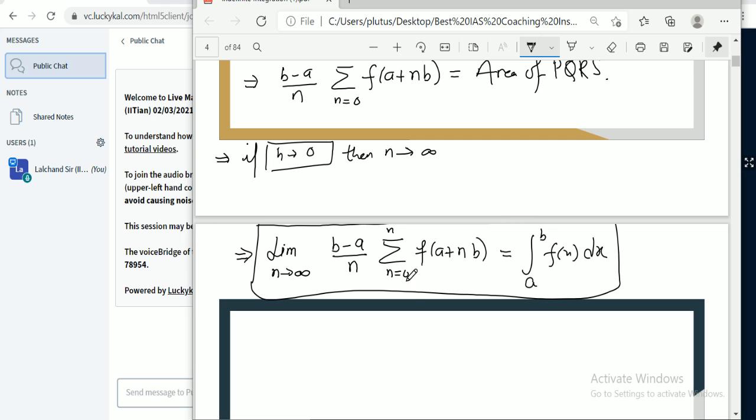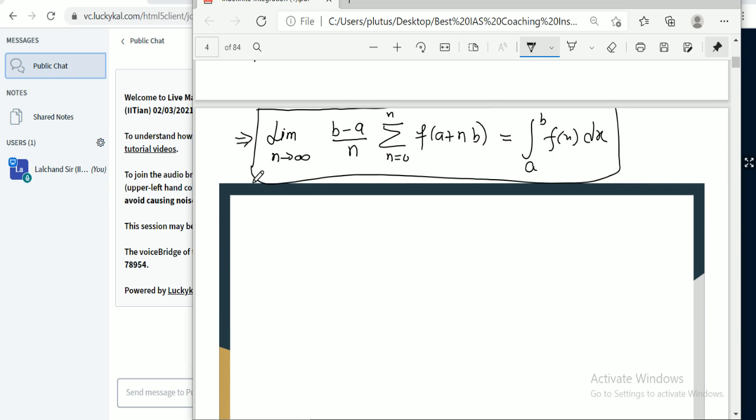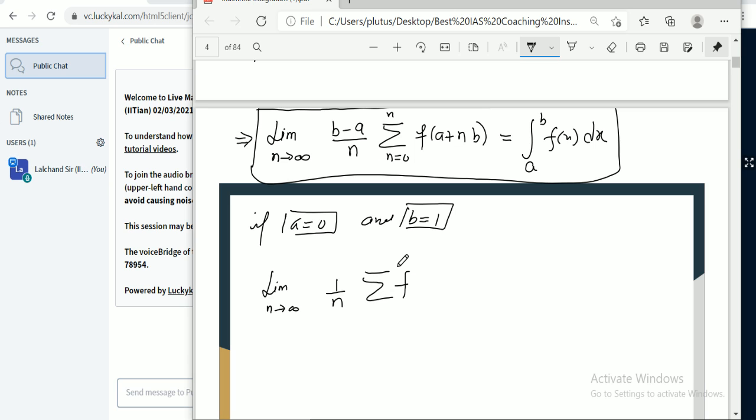So if we take a as 0 and b as 1 in this equation, then the limit as n tends to infinity of 1 by n, sigma of f of nh, where this point is h, this is nh.